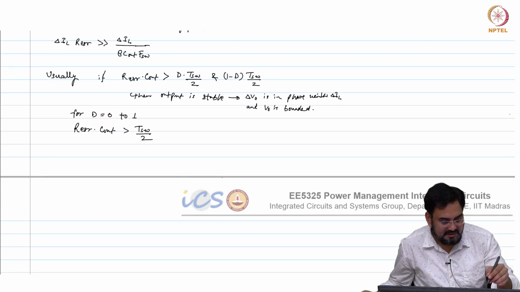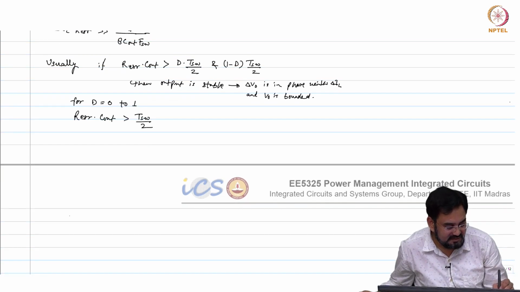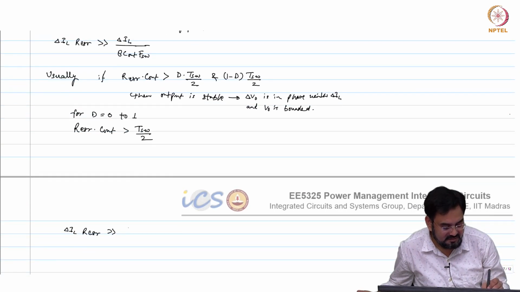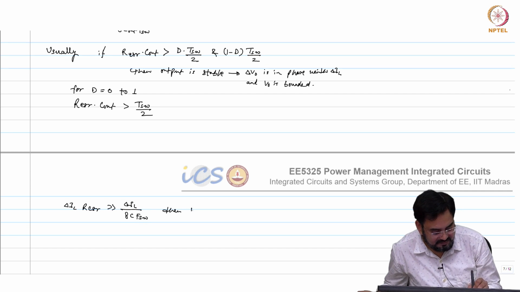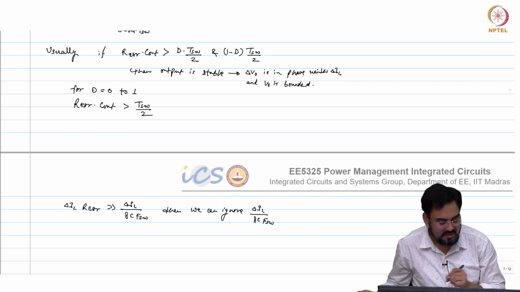If this is the condition, delta IL times RESR is much greater than delta IL by 8C FSW, then we can ignore that term.